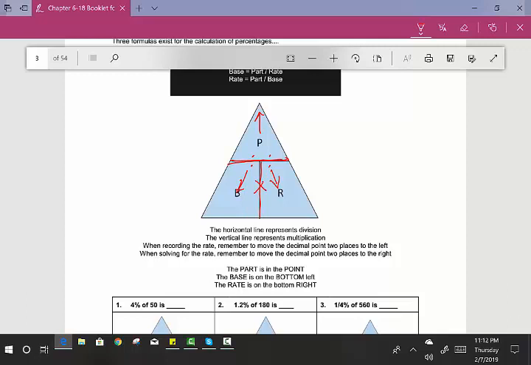So if I am solving for the part, I cover up the part, and that means that the value would be base times rate. Okay, if I'm solving for the base, I want to cover up the base, and that means it's part divided by rate.